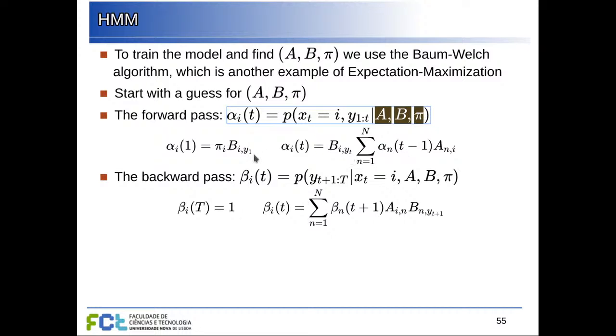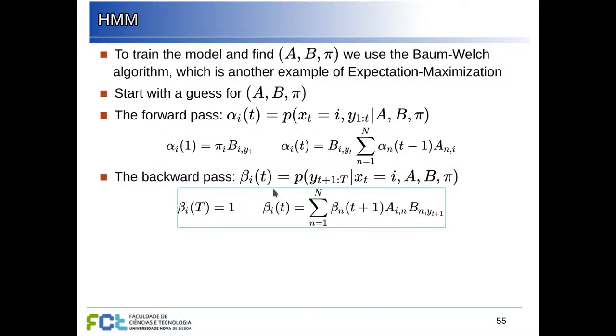This is just the kind of computation that we saw. This forward algorithm gives us the distributions of the states given the previous observations. We can also do this backwards. That is, we can compute the probability of all the observables of our sequence at the end of the sequence, starting at some time t, if we have a hidden state y at that time t and given all the parameters.